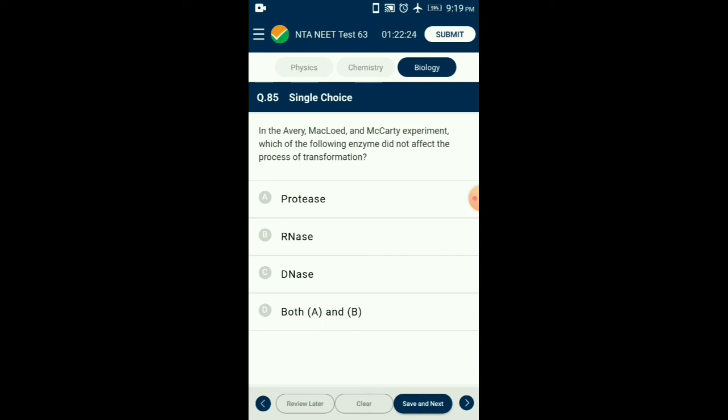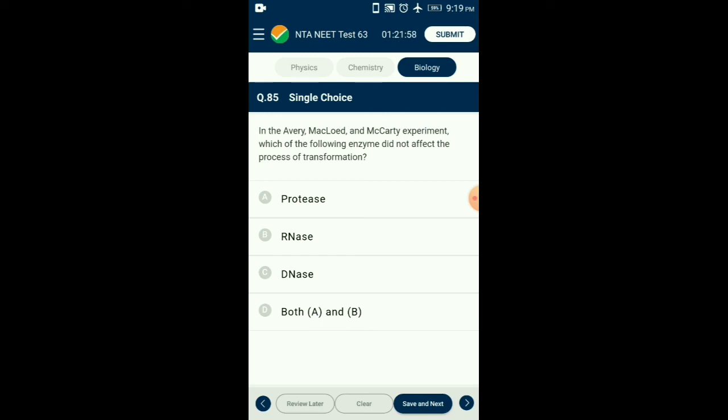They discovered that DNA alone from S cell bacteria caused R bacteria to become transformed. They also discovered that the protein digesting enzyme proteases and the RNA digesting enzyme RNases did not affect transformation. So the transforming substance was not a protein or RNA.